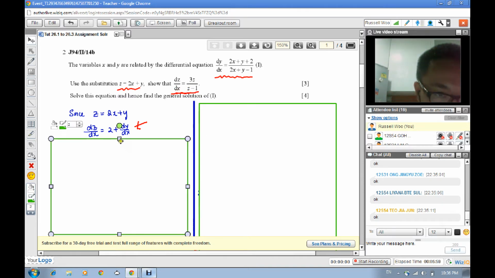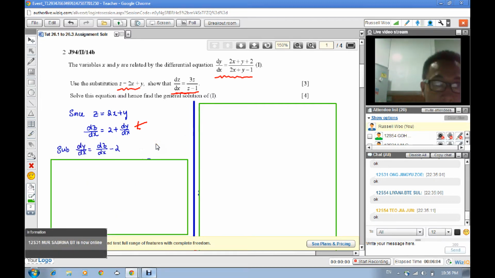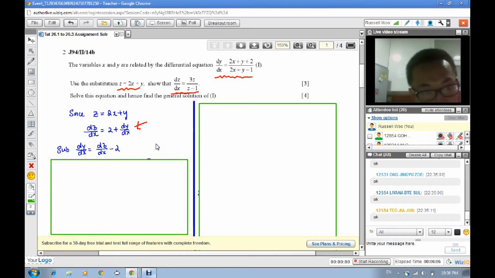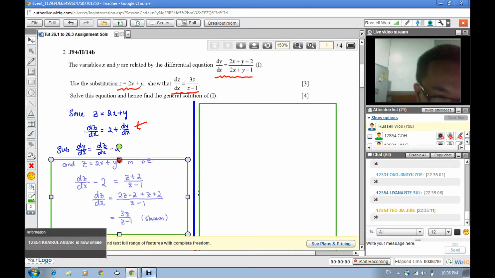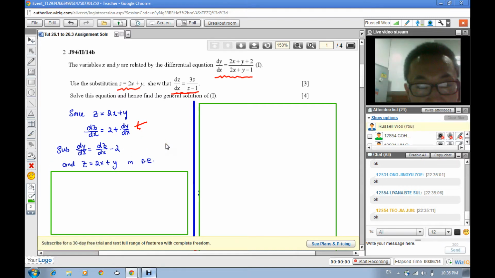Let's try. We make dy/dx the subject. Just minus 2 on both sides, and then we substitute z equals 2x plus y into the original DE.